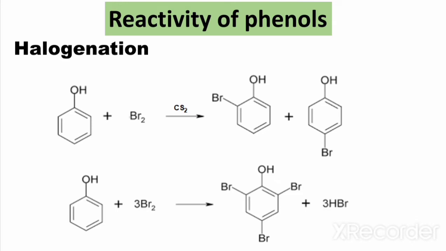We get 2,4,6-tribromophenol, and a byproduct. When bromine reacts with phenol, the hydrogens attached to the ring carbons are replaced by bromine, and these hydrogens attach with bromine and form a hydrogen halide.